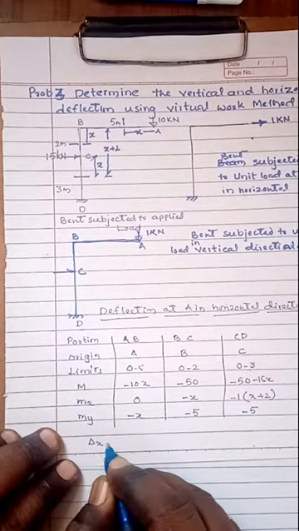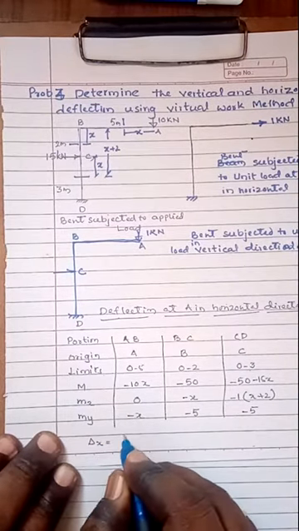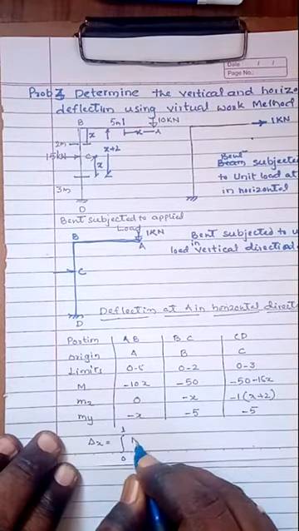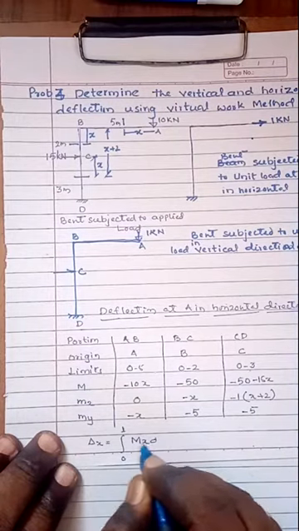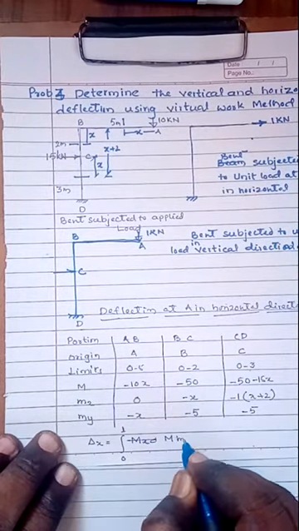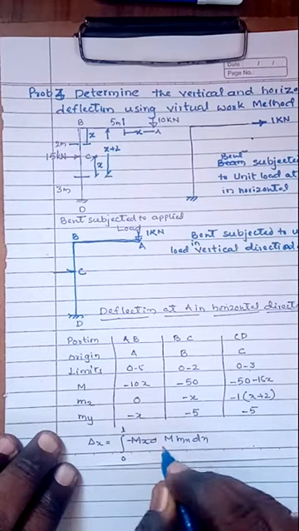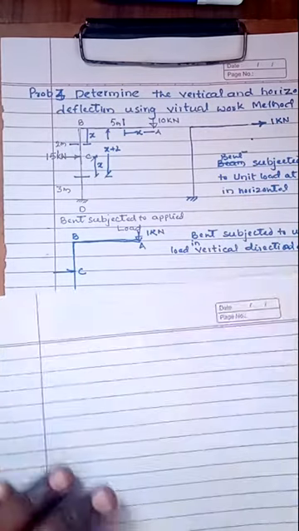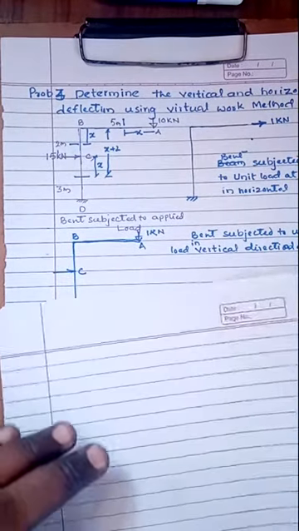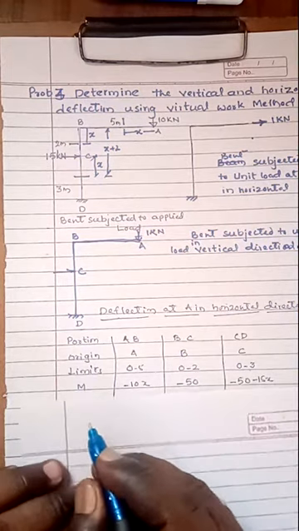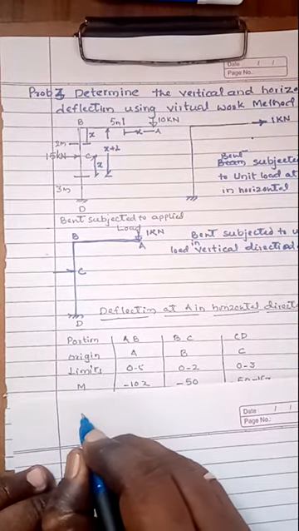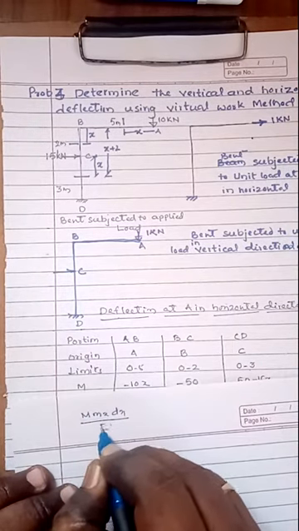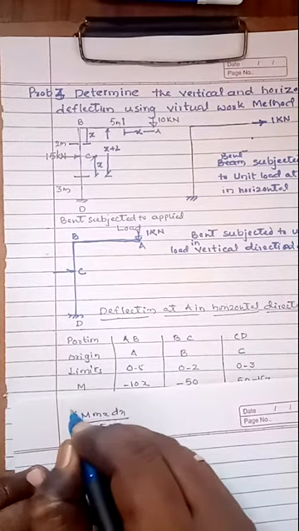The formula is the integration of m into mx dx divided by EI, within the limits 0 to L. If we integrate that, in the first portion, m into mx dx over EI over the entire length.